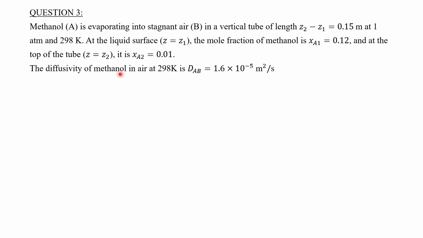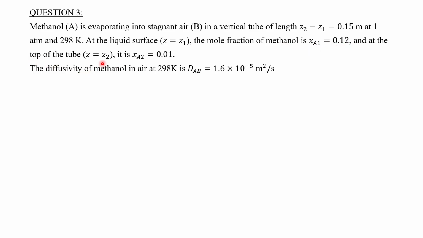Next up, we'll make it a little bit tricky. We have a question. The same methanol is evaporating into a stagnant air B in a vertical tube of length z2 minus z1, which is 0.15 meter. At the liquid surface, z equals z1, xA1 is given as 0.12.